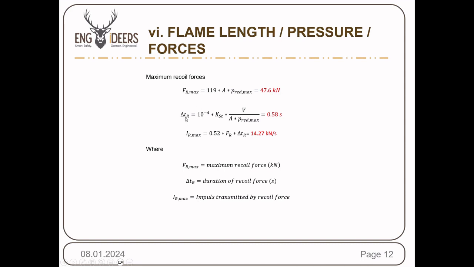You can also calculate the duration of the explosion, which is in this case 580 milliseconds, and the impulse which comes from this is then 14.27 kilonewton per second, which is then used in your calculation if you design such a system, so that the dust collector will not fall down or be kicked down by the explosion due to the recoil forces, basically.